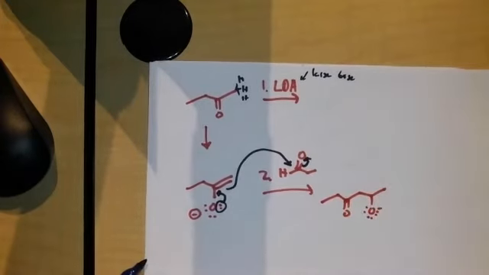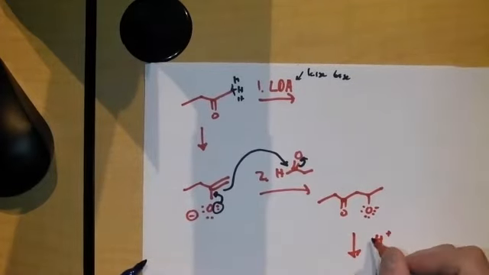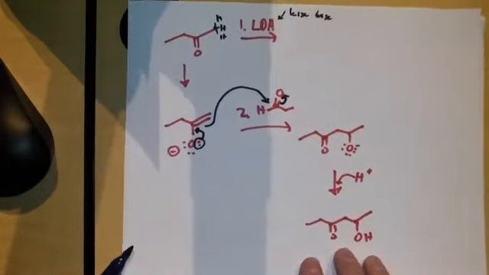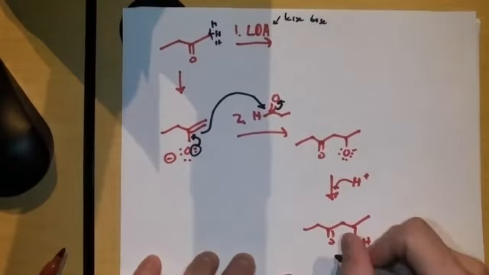Our negatively charged adduct can pick up an H, to give what would actually be the product for this reaction. I didn't actually draw heat for this one. This is technically your product.